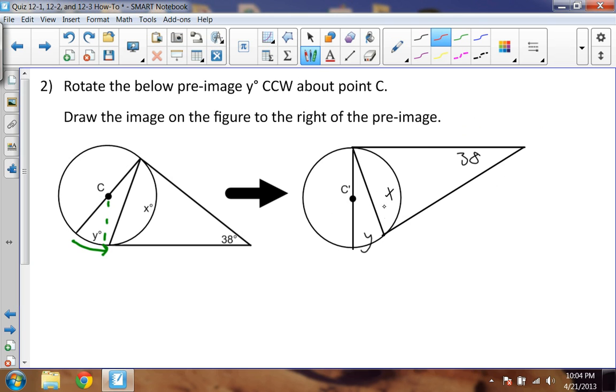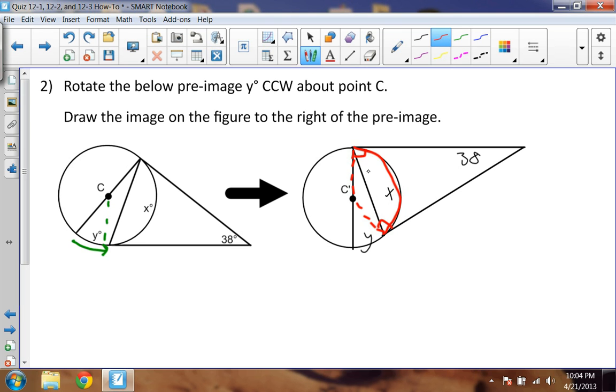X is the arc right here. Sorry for the bad drawing. And this is its central angle, C, going from there to there. Right? So if we find the measure of that central angle, then x will be the exact same thing. So we do know that with radii and tangent lines, these are right angles. They're 90 degrees.